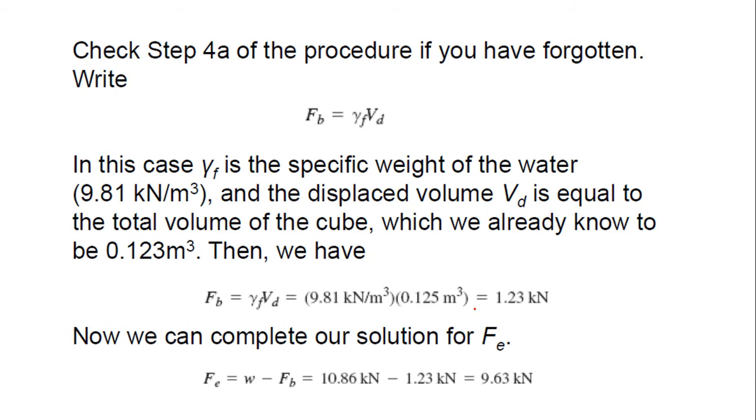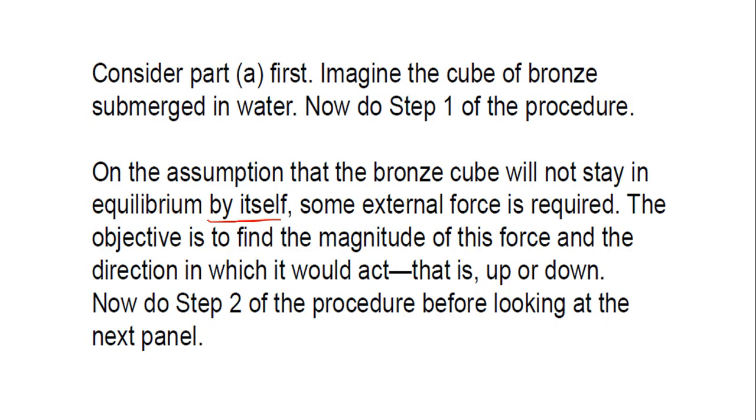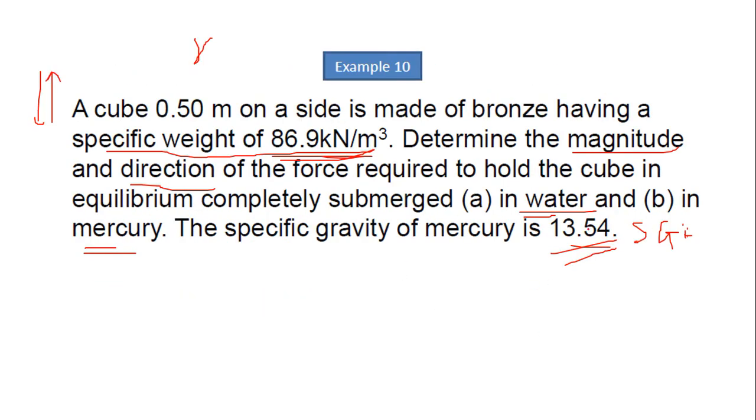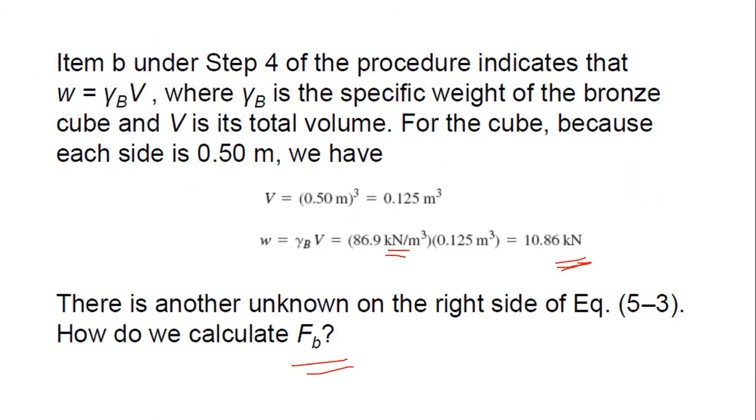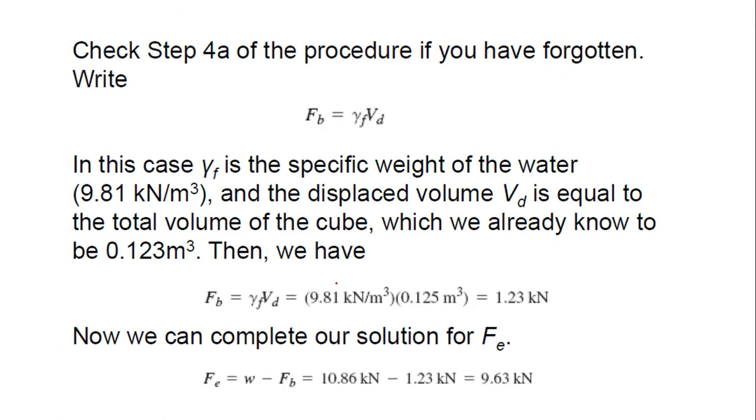The 9.81 is for water, not mercury, because in this part A the concrete is immersed in water. The 13.54 is used when you answer part B, when it is immersed in mercury.